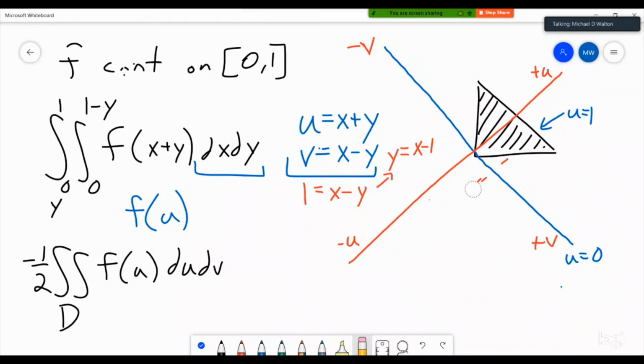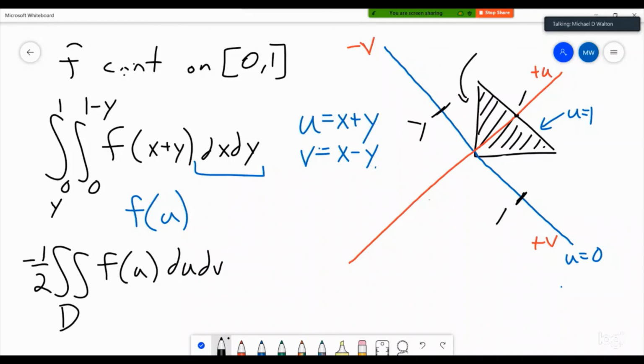Now that we have our axes, we can figure out how to draw that triangle in terms of our axes. So let's draw a couple of these points here. Right here this is at 1, this is at negative 1, and this point up here is also at 1.